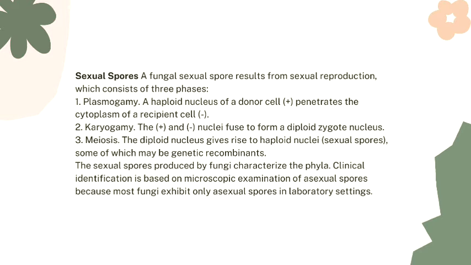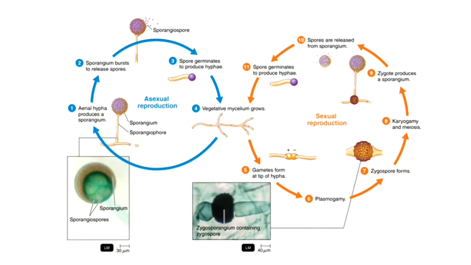The diploid nucleus gives rise to haploid nuclei in sexual spores, some of which may be genetic recombinants, and the sexual spores produce the fungi characterized by the phyla. Clinical identification is based on the microscopic examination of sexual spores, because most fungi exhibit only asexual spores in a laboratory setting. In this image, you can see the asexual reproduction and the sexual reproduction of a spore.